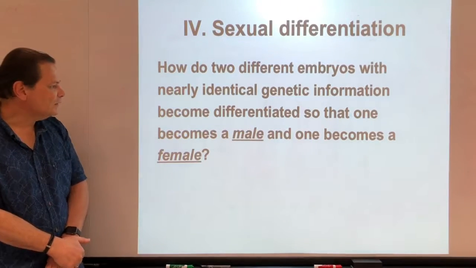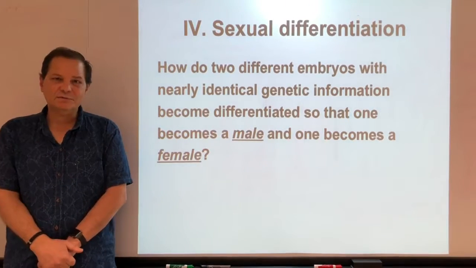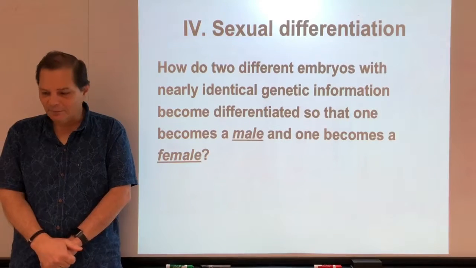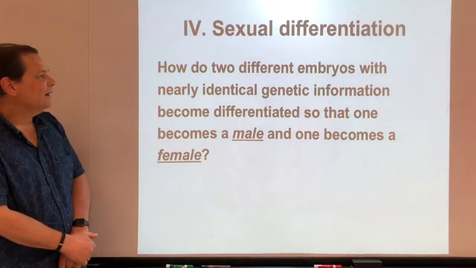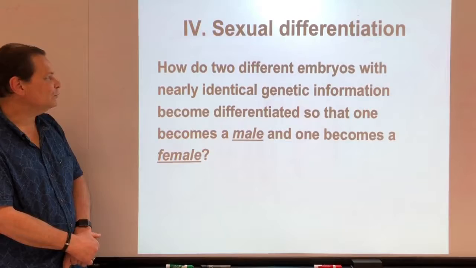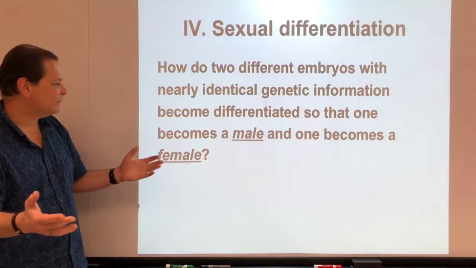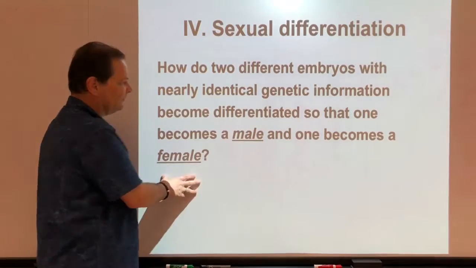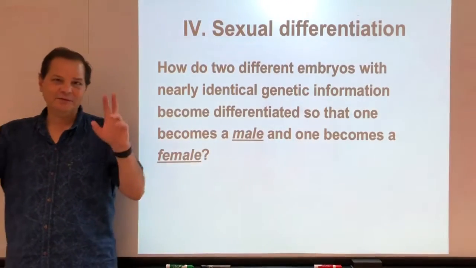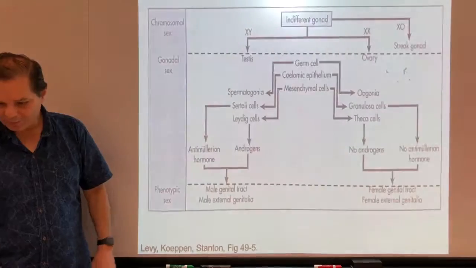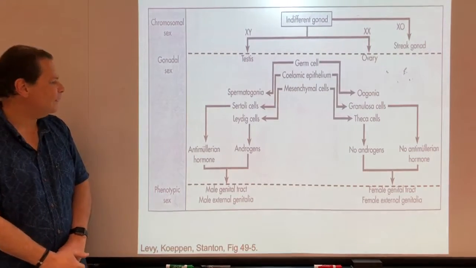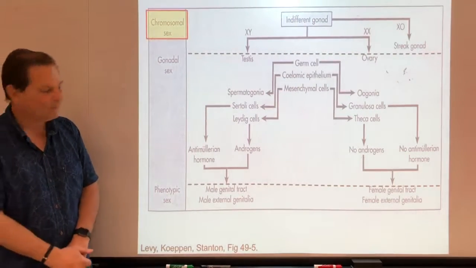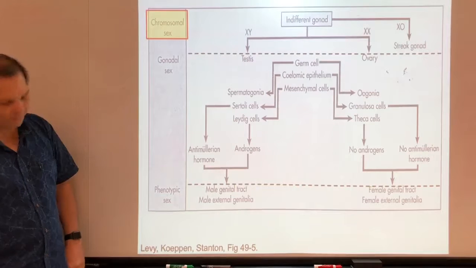Okay, so let's talk a little bit about sexual differentiation before we wrap this video up. Basically, how do two different embryos with basically the same genetic material become either a male or a female? And basically this comes down to how do we define sex. So there are three different ways that we characterize sex. The first is chromosomal sex.